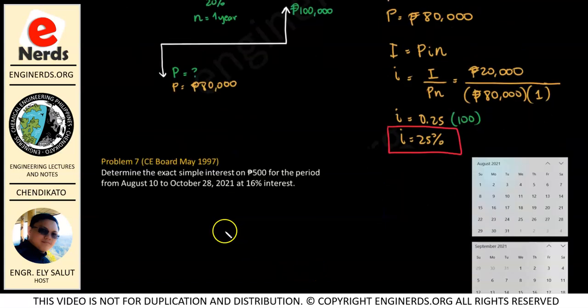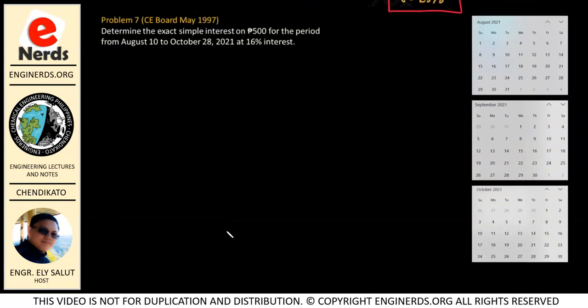Okay, so now let us try to solve itong problem number 7. So from this problem, we have to determine the exact simple interest on 500 pesos for the period from August 10 to October 28, 2021 at 16% interest. Okay, so ang pinahanap sa atin dito is yung exact simple interest, I, no?